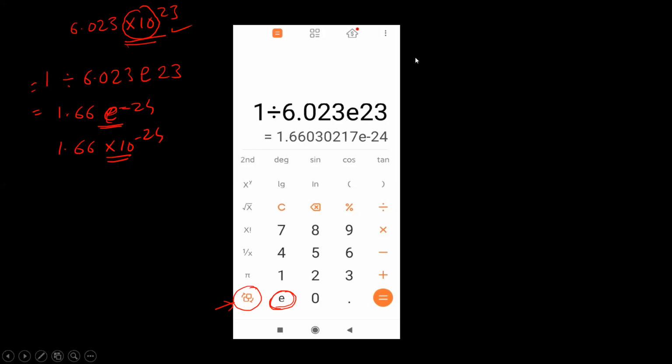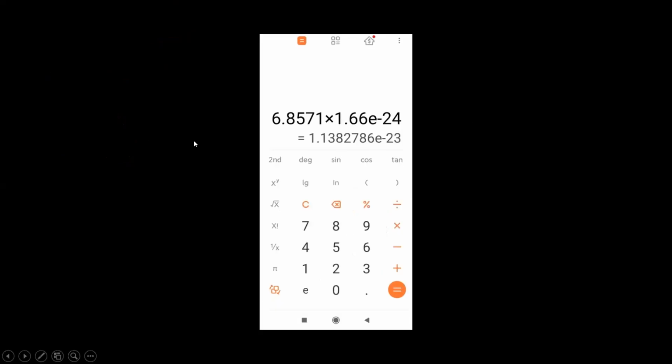Now again, the final step calculation here. Similarly, you can write 6.8571 into 1.66. Don't write into 10, just simply use the E function, press E and continue with minus 24 as it is.